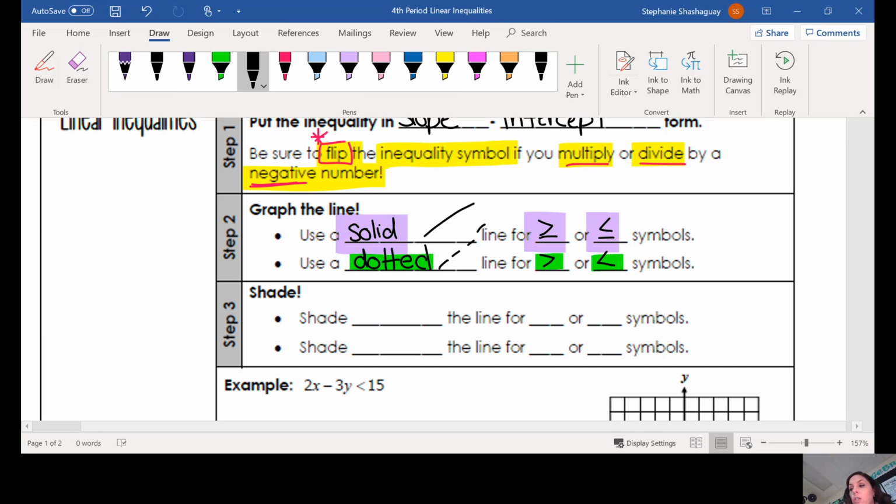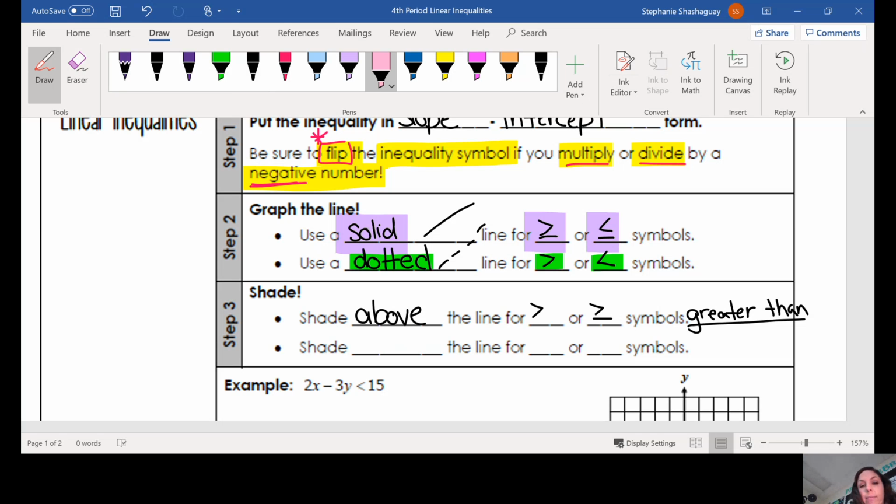Now when it comes to the shading, you are going to shade above the line for a greater than or equal to symbol. Okay, so if the variable is greater than, then you are going to shade above the line.